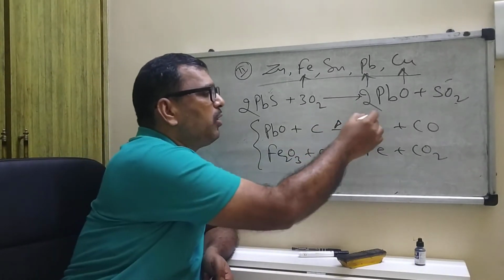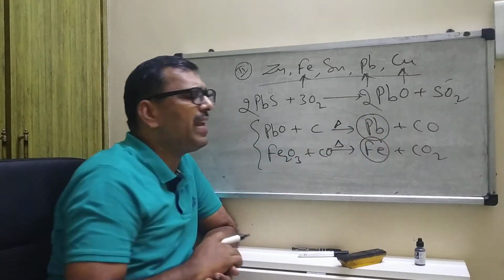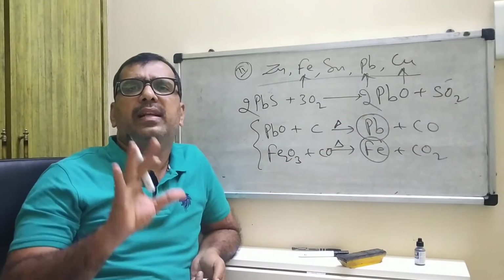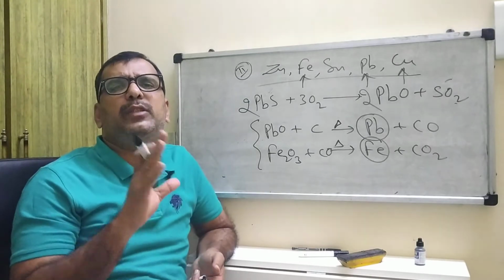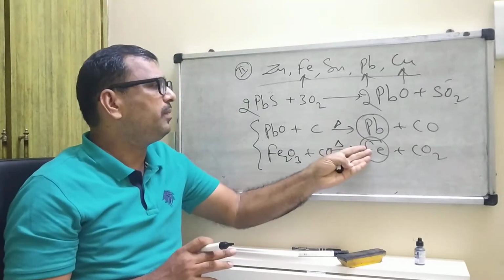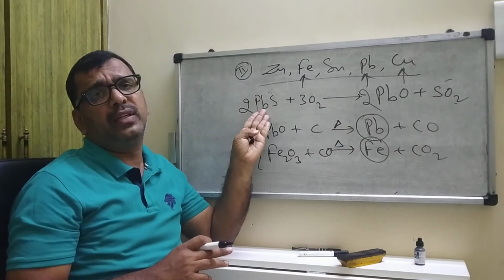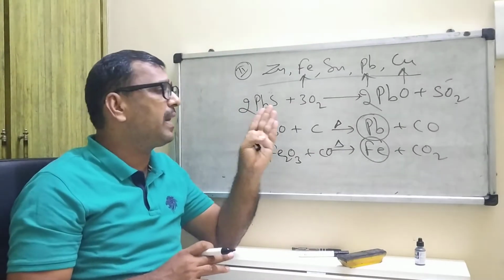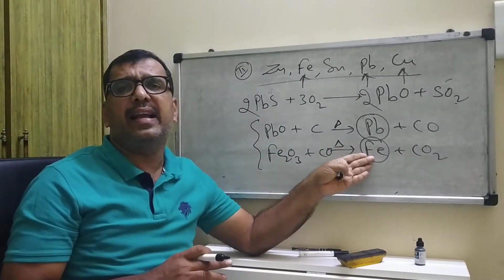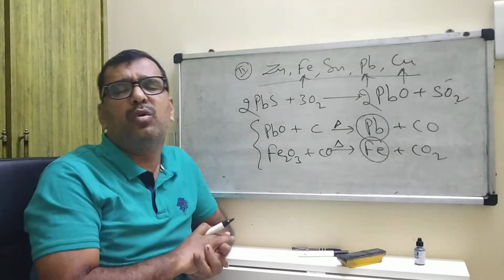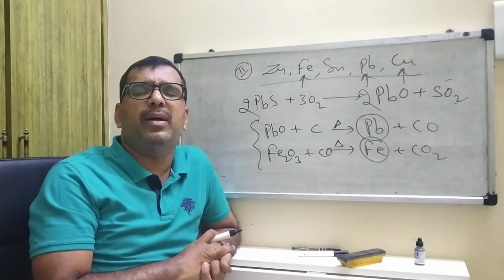Finally, what is our aim? We collect the metals from their ores. So lead oxide is converted into lead. This is one of the methods.